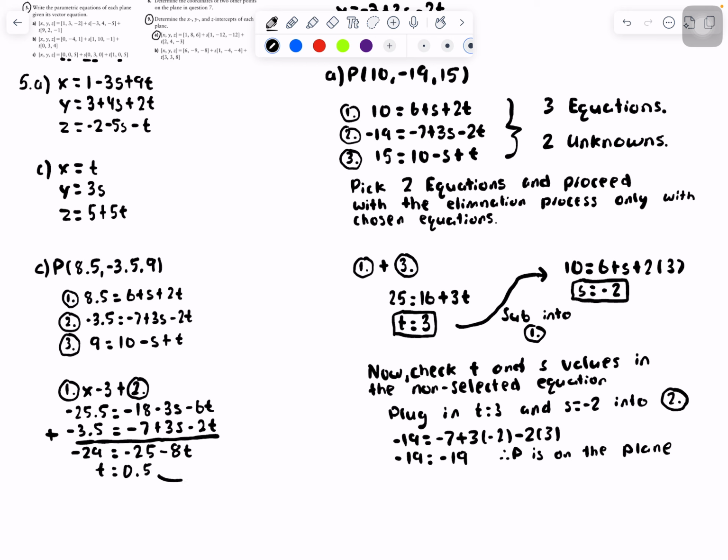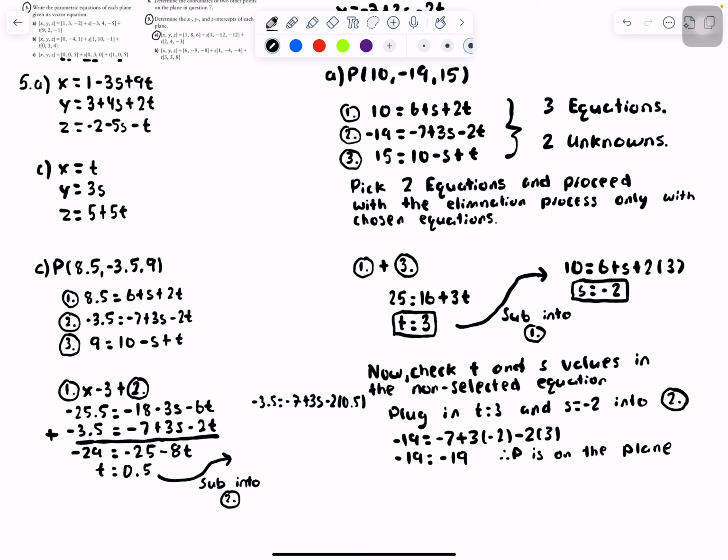Okay. I'll sub this into 1. I guess I could sub into 2 actually. My choice of equations is a bit more complicated here, but I'll still get the same result. Minus 3.5 equals, cramming everything in, minus 7 plus 3s minus 2 times 0.5.